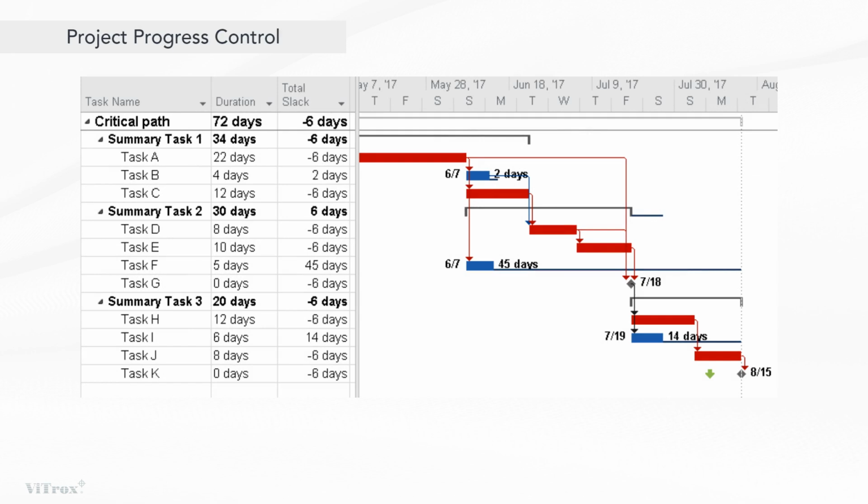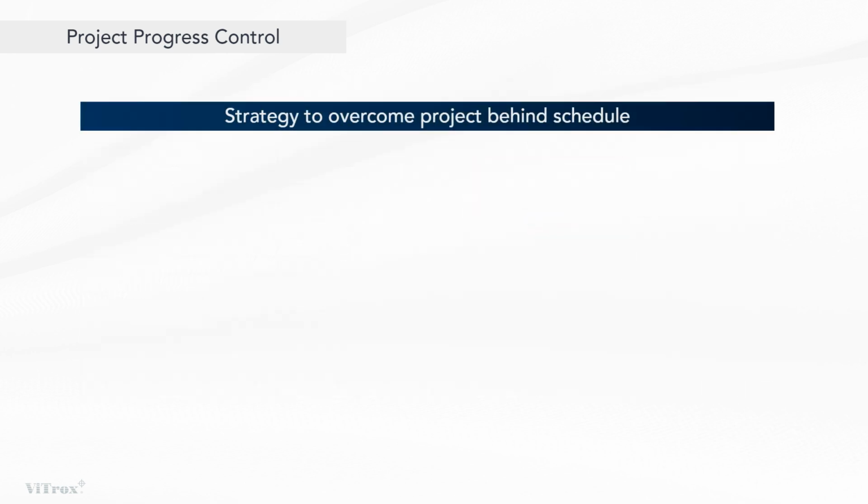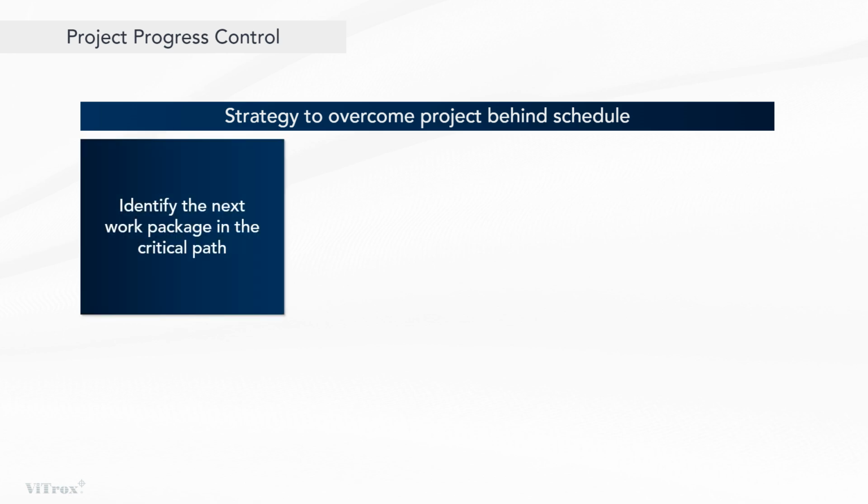Project progress control helps to ensure that a project stays on track and is completed successfully within the planned schedule. When a project falls behind schedule, project managers need to implement strategies to address the delays and get the project back on track. Before implementing any strategy, the first step is to identify the next work package in the critical path.